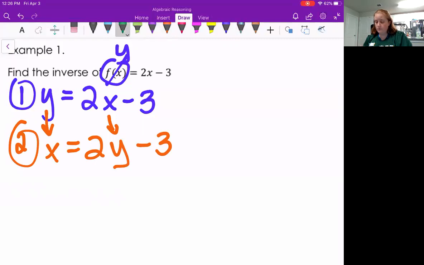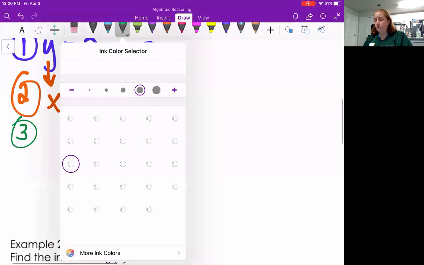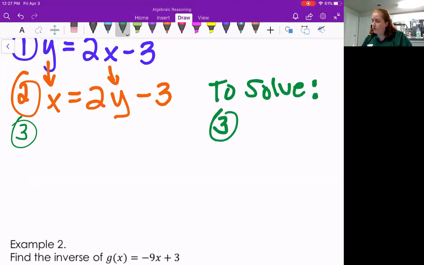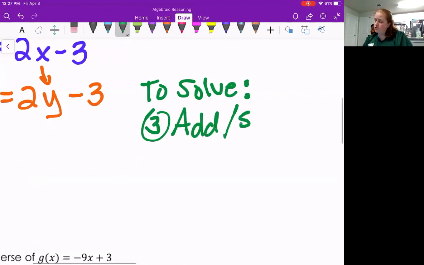Step 3, solve this new equation for y. So we've got some steps when it comes to solving. So first thing to solve, and this is dealing with step 3, we are either going to add or subtract something.